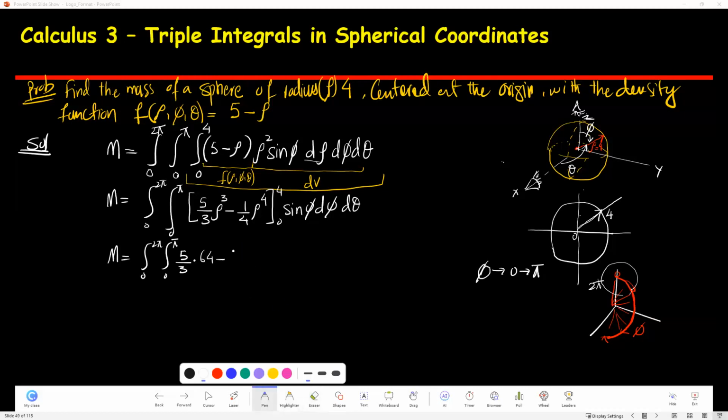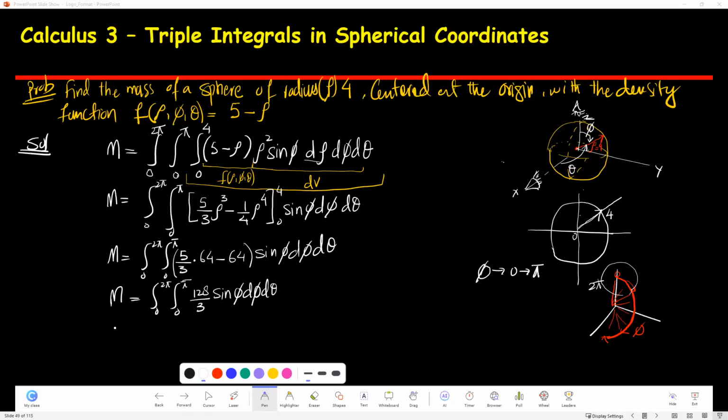Okay, so I'm going to just write 64, and then again sine phi d theta. Now I'm going to take the multiplication and simplify further. So it's going to be 0 to 2 pi, 0 to pi, and it's going to be 128 divided by 3 sine phi d theta.